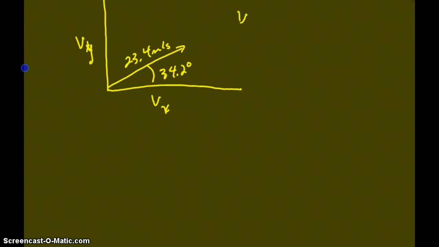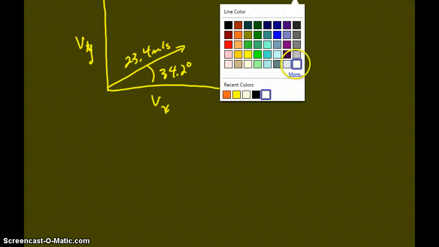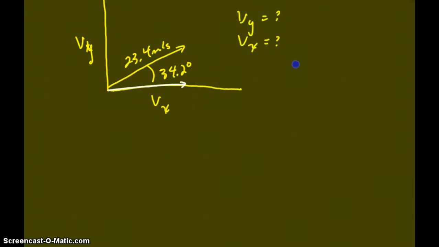So we don't know the velocity in the Y direction, velocity in the X direction. Let's do the Y first. The Y is opposite the angle. So for the velocity in the Y direction, opposite, we have the hypotenuse here. We have the angle.